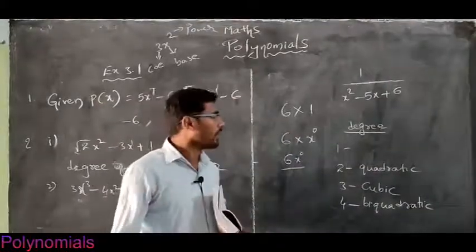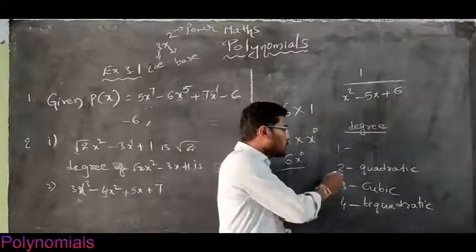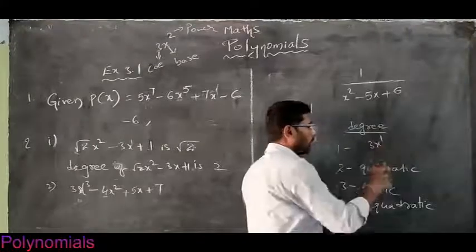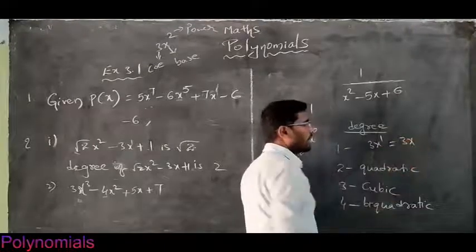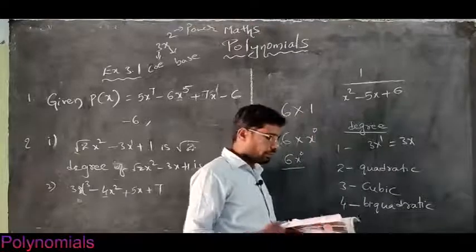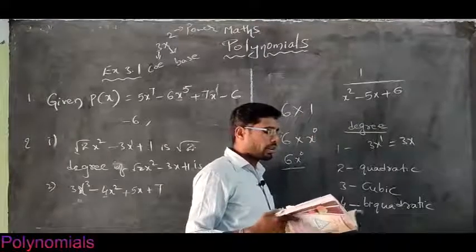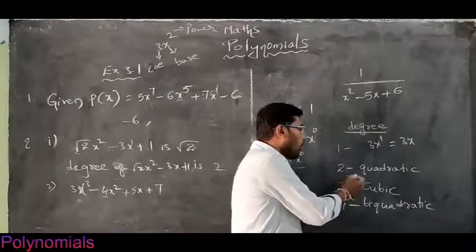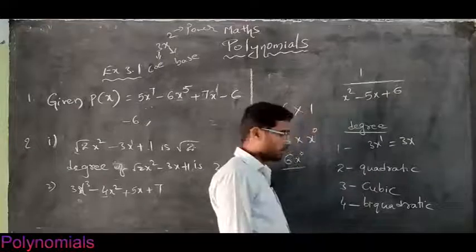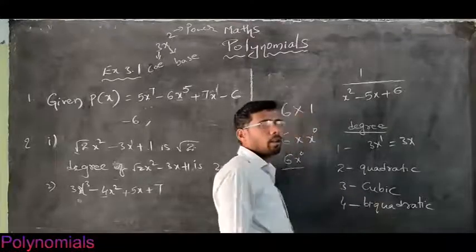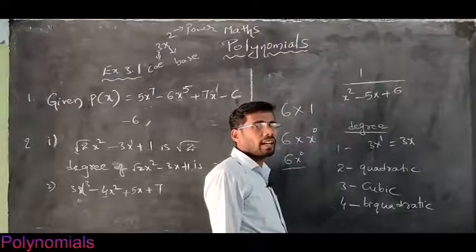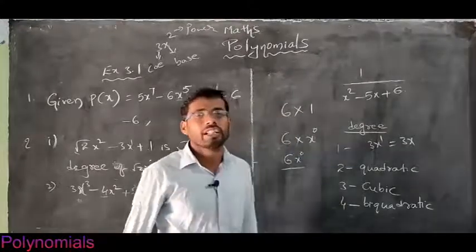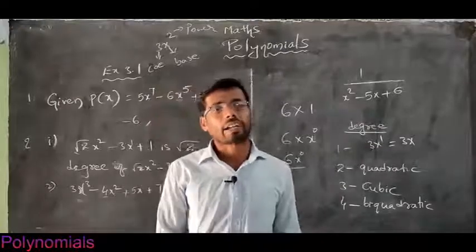Suppose 3x to the power of 1, we simply write it as 3x. If the degree in a polynomial is 2, we call it a quadratic polynomial. If degree is 3, we call it a cubic polynomial. If degree is 4, we call it a biquadratic polynomial.